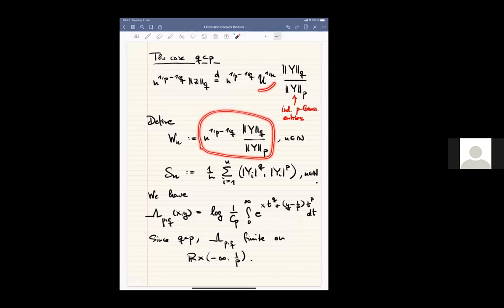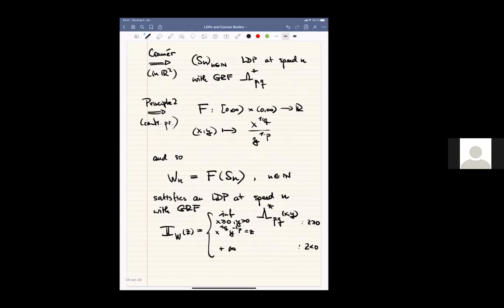We want an LDP for the quantity where we multiply with U to the 1 over n. So we're essentially almost there. What one can check now, maybe this is a good exercise, is that U to the 1 over n satisfies an LDP at speed n, with the following good rate function.